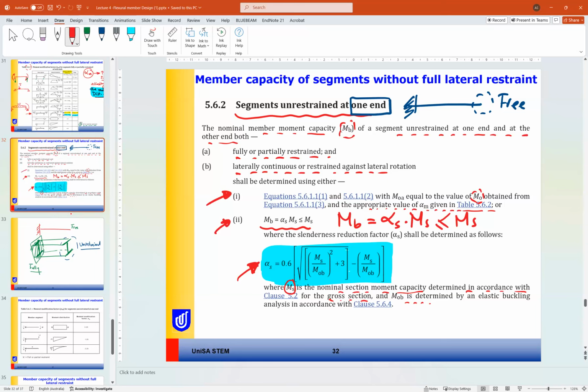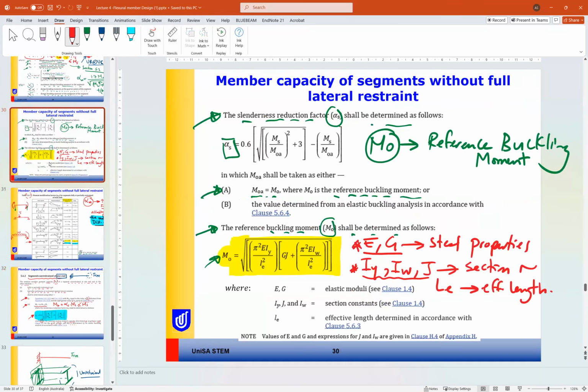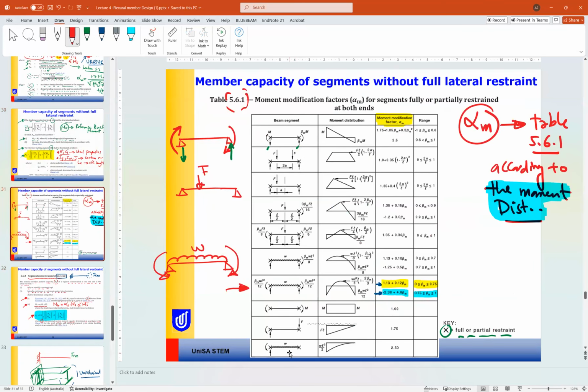One option is to use the similar or the previous values as before. So we can use the previous values exactly as before and take alpha m from the table, not this table.